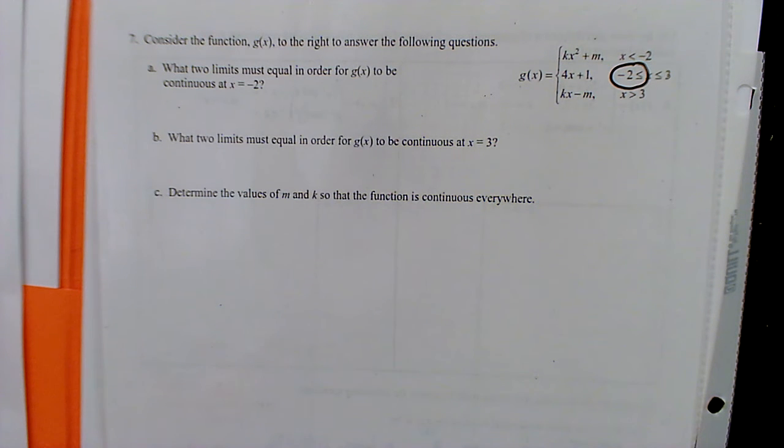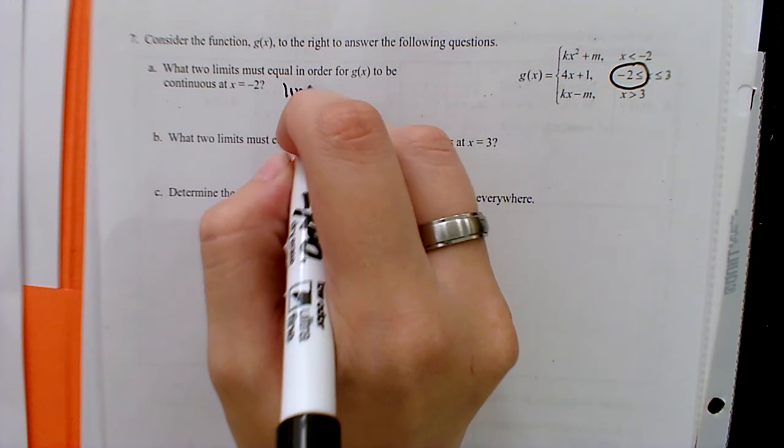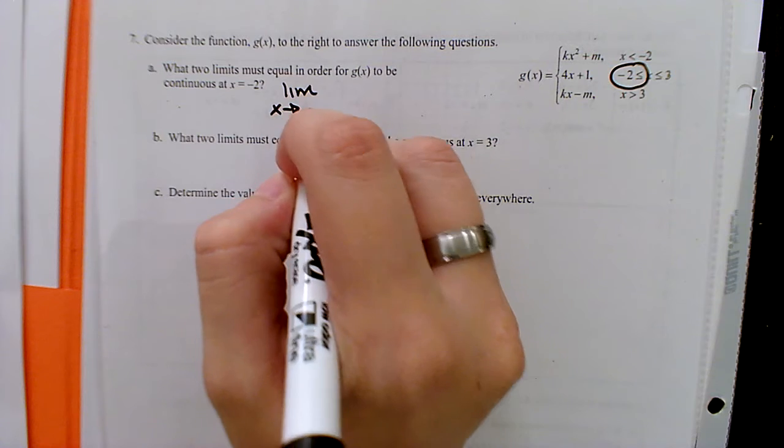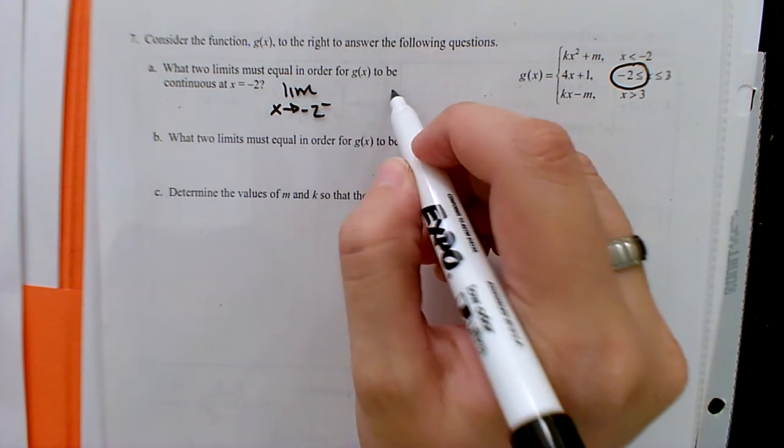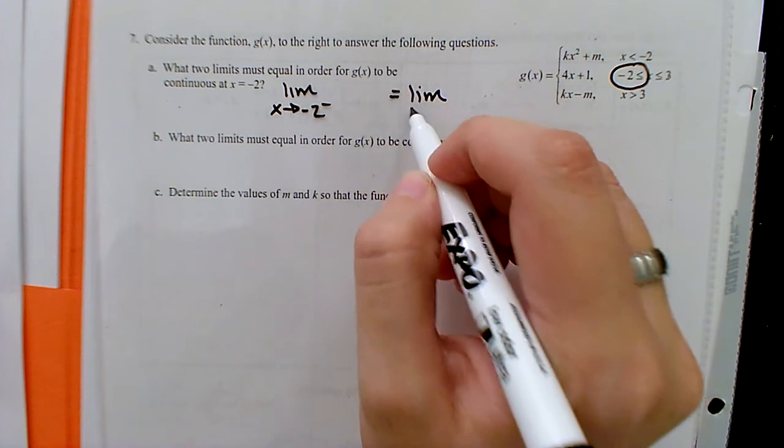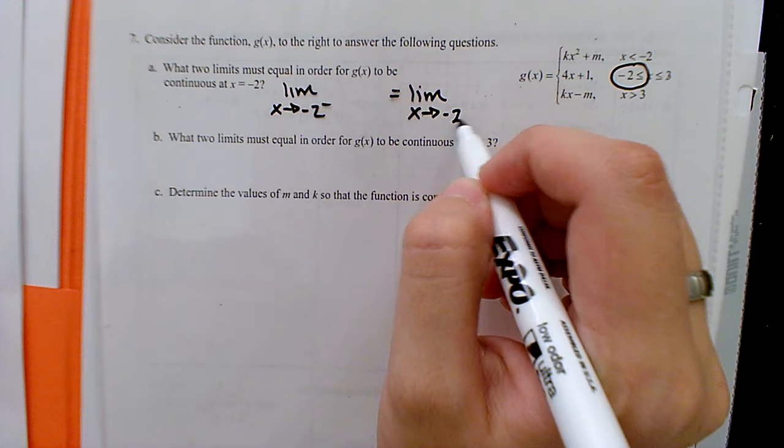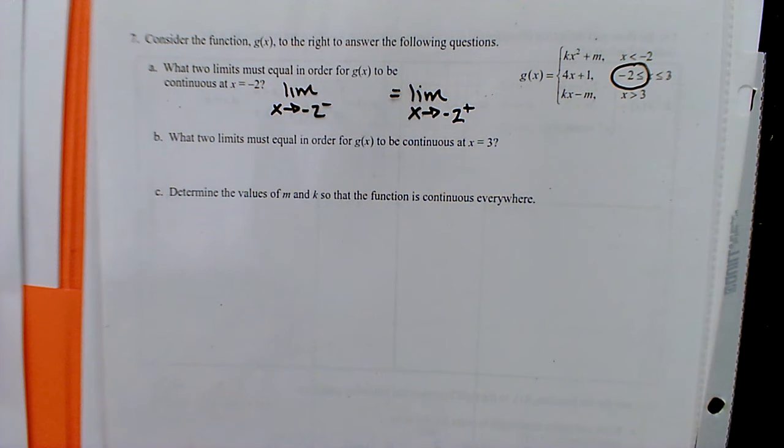And this is where it gets tricky with the piecewise functions because you have multiple sections from the left and the right to check. Alright, so let's go ahead and see the limit from the left of -2 must equal the limit from the right of -2.